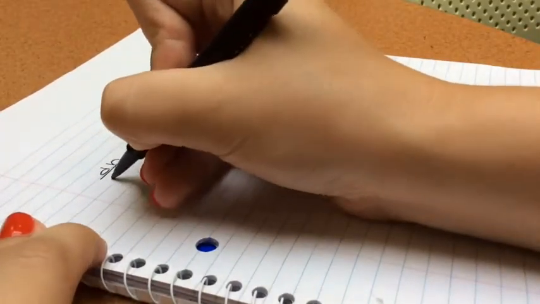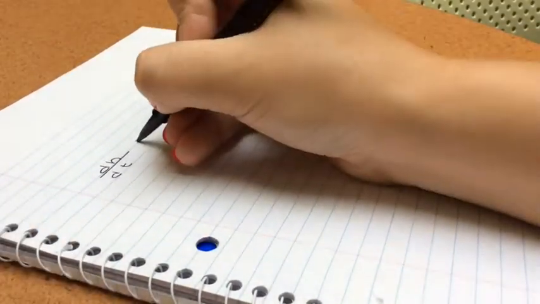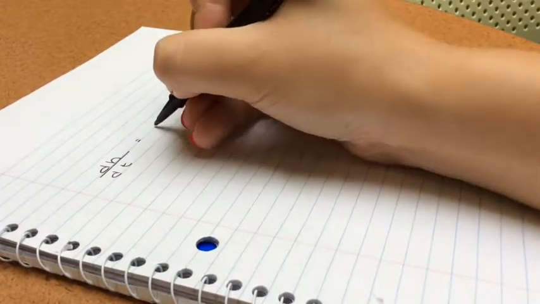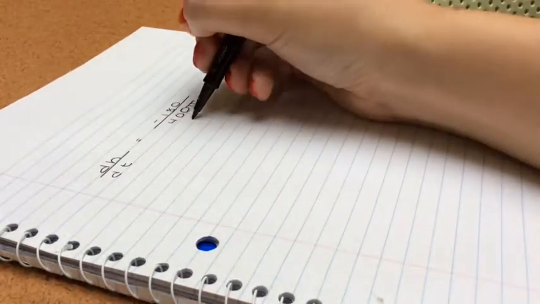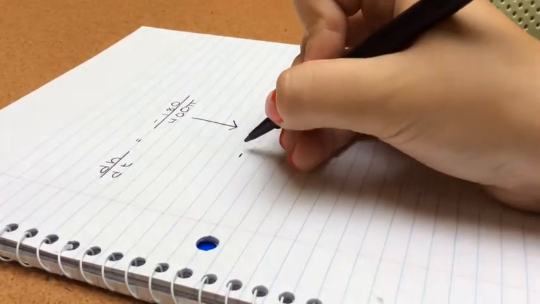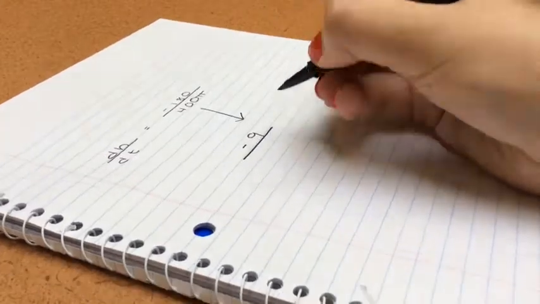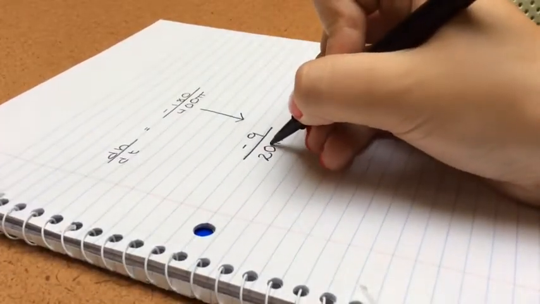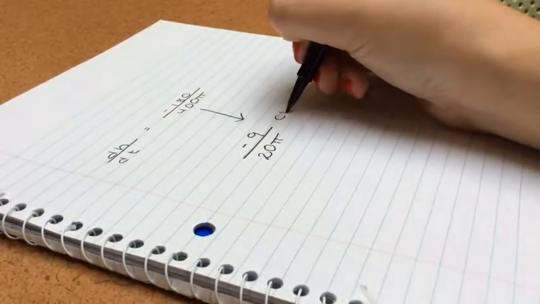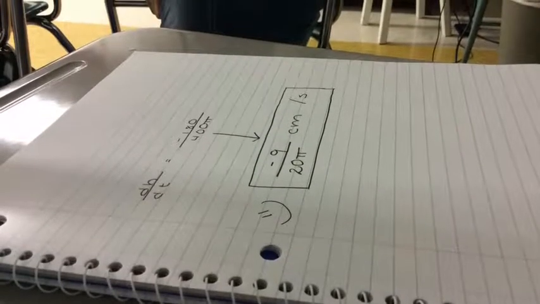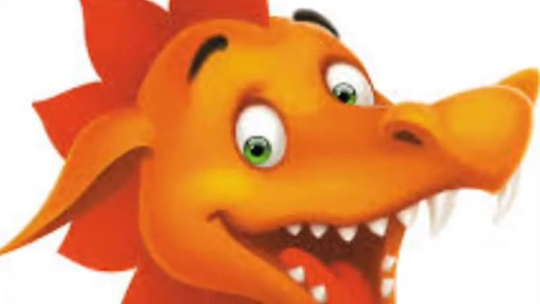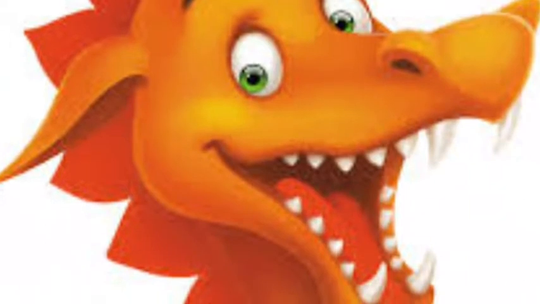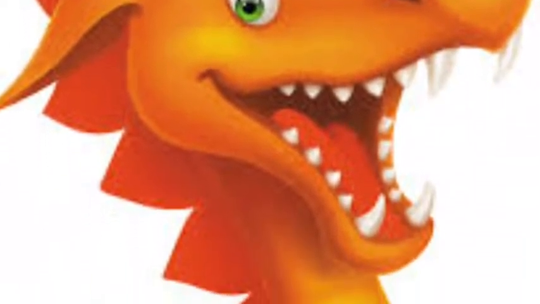Which simplifies down to dh/dt is equal to negative 180 over 400 pi, which can be further simplified to negative 9 over 20 pi centimeters per second. And that is the rate at which the height of Dudley the Dragon's dragon fruit juice is changing when the height of the juice in the cup is 20 centimeters.